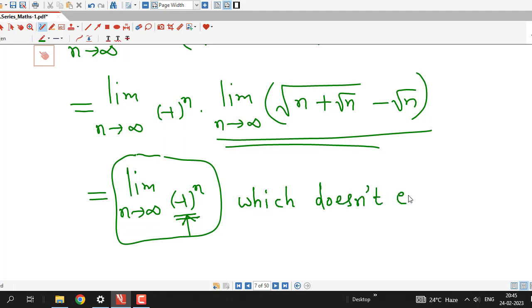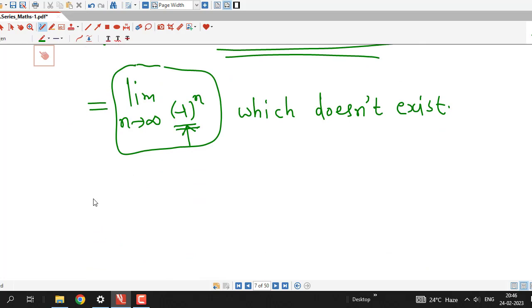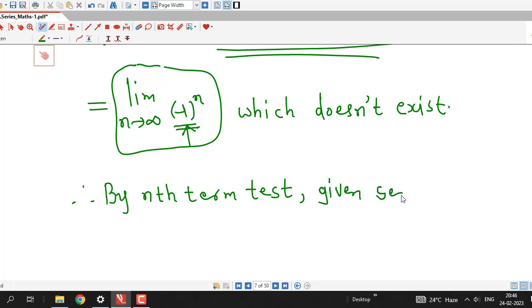That means the limit of the nth term of the given series does not exist, and therefore by the nth term test for divergence, the given series is divergent. Therefore by the nth term test we can say that the given series is divergent.